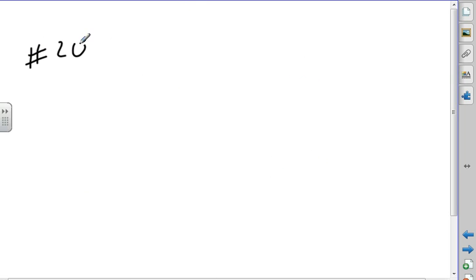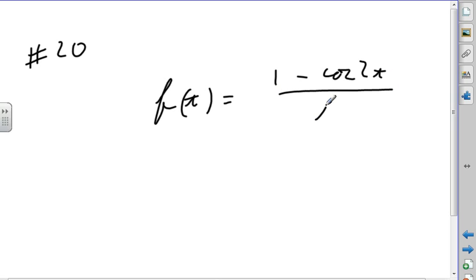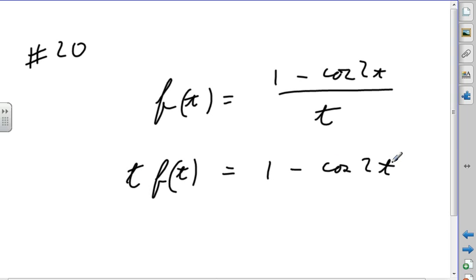Number 20. F of t is equal to 1 minus cosine 2t over t. T, f of t, is equal to minus 1 cosine 2t.